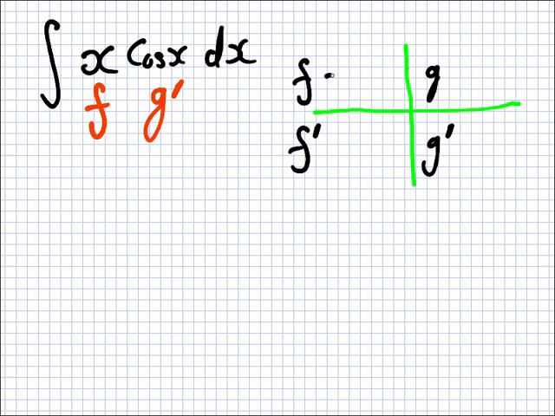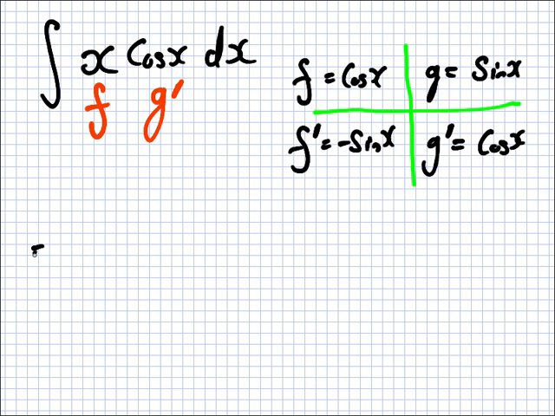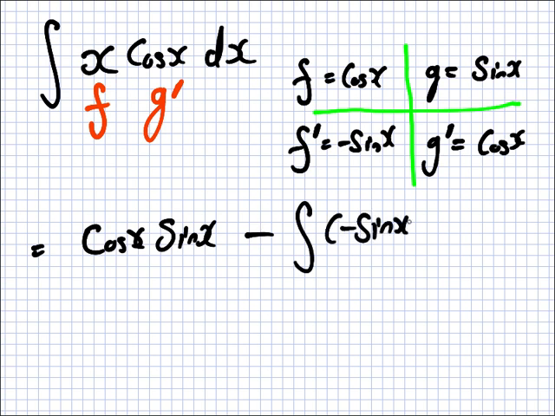So you know that f is cos x, so what's its derivative? Minus sin x. And you also know that g's derivative is cos x, so what's the integration here? Sin x. This table with the formula, this equals fg minus integrate f derivative, which is minus sin x.